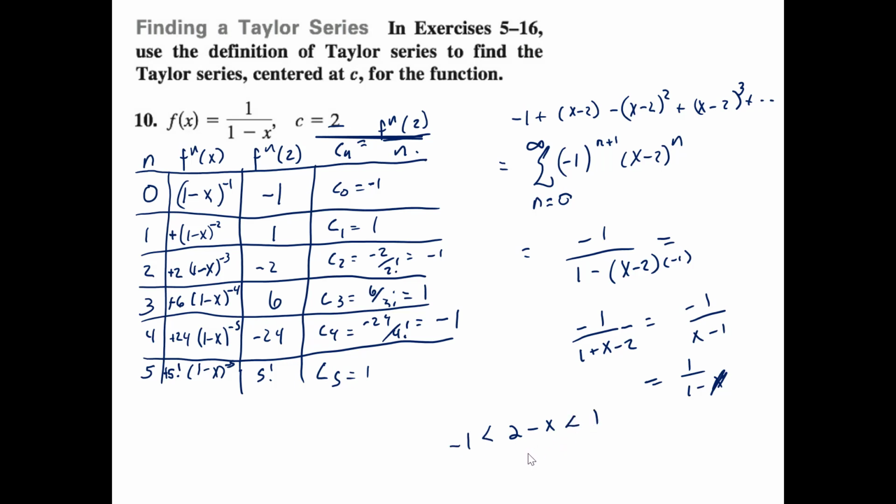And so then if we subtract 2 from both sides, we'll get negative 3 is less than negative x, which is less than negative 1. Multiply both sides by negative 1, and you'll get 3 is bigger than x, which is bigger than 1. So your interval of convergence here is from 1 to 3.